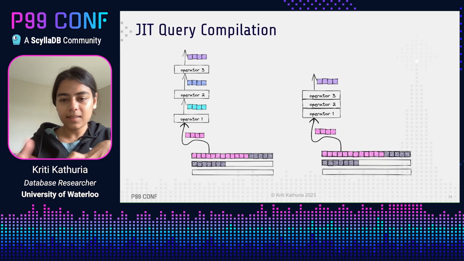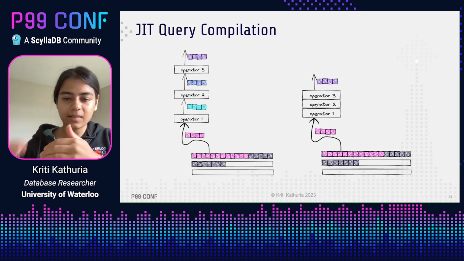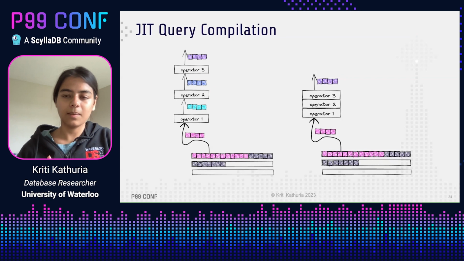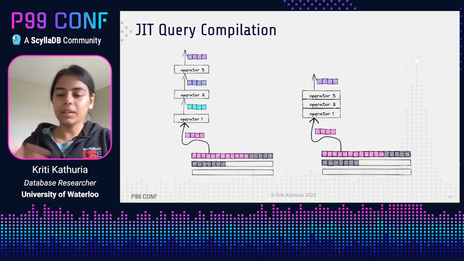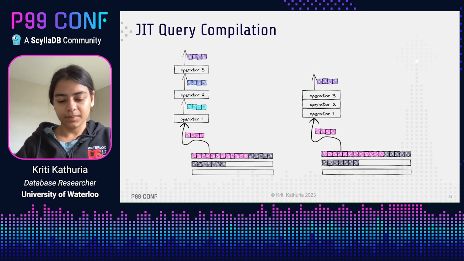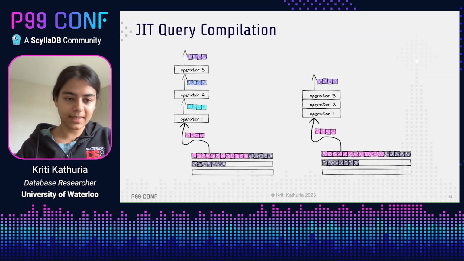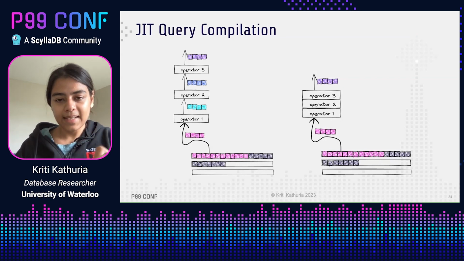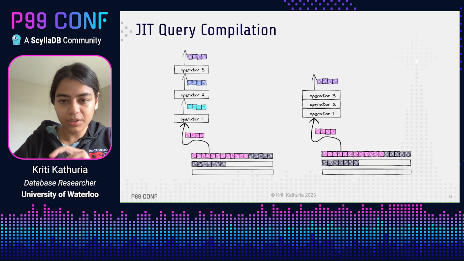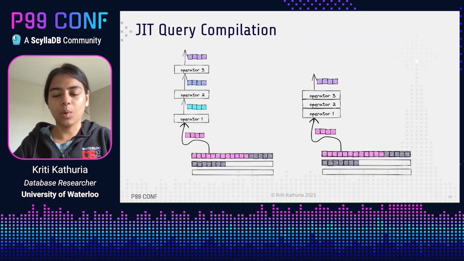So when this runs, you load this entire single function into your CPU registers, give it some data, and it produces an output without having to reload the CPU with the instructions for the next operator. In this way, you get more out of your CPU. The catch here is that this single function will look different for every query that you want to execute, because every query will look different.